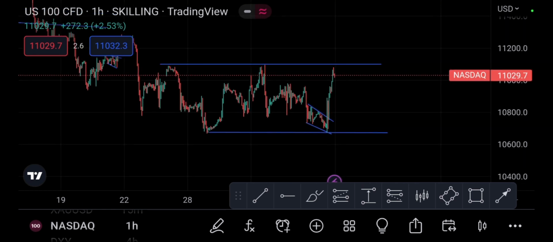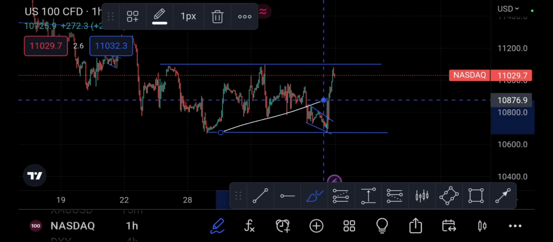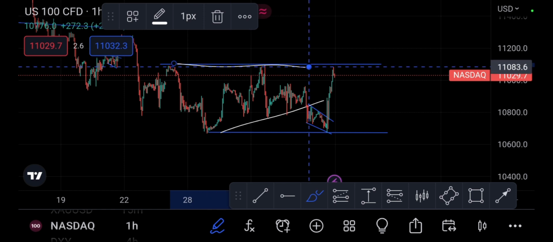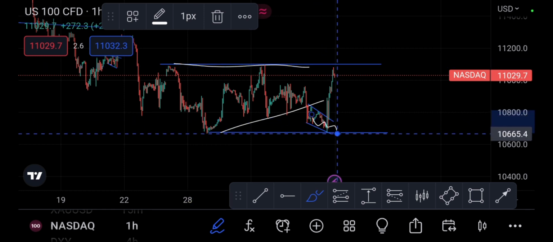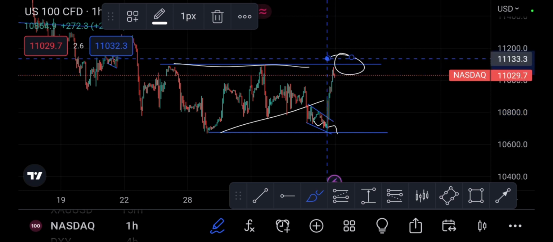I want you to take note here. I thought that this is a breakthrough, but what I had was this flag, then it broke through, but then it trickled its way down, giving me a descending channel, which is a reversal pattern. That's why I anticipated it to shoot up to the top, right? And I expected it to come touch here for a third touch.